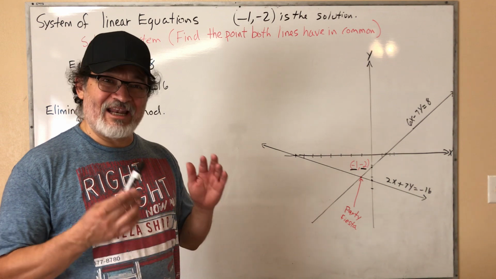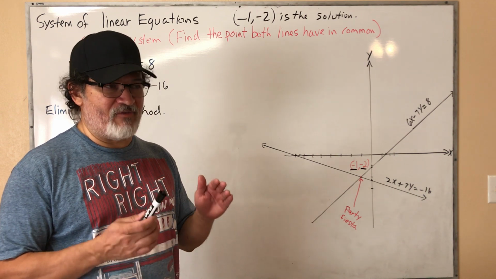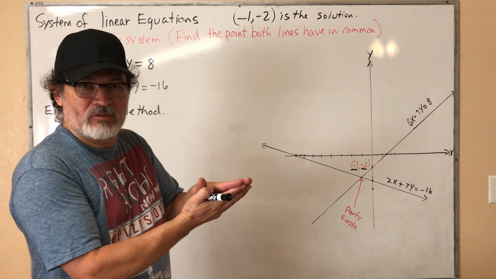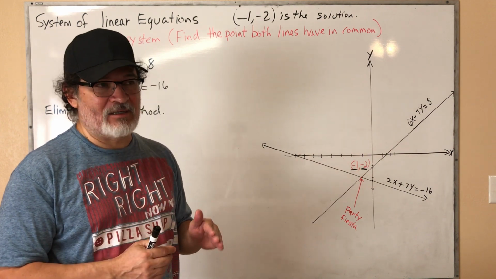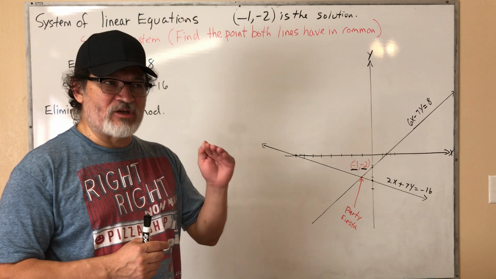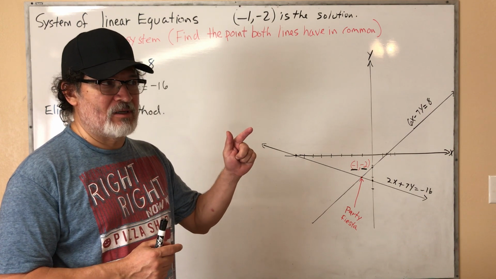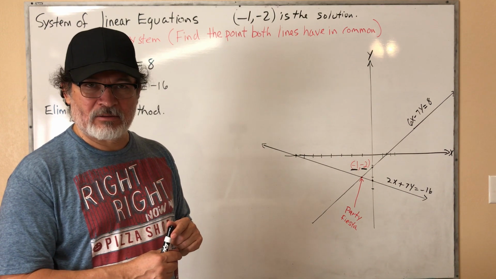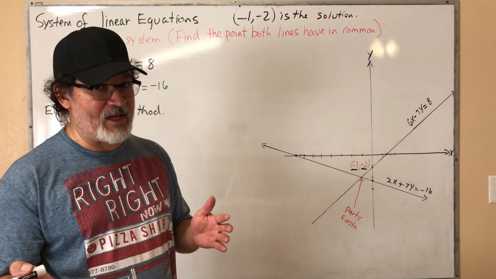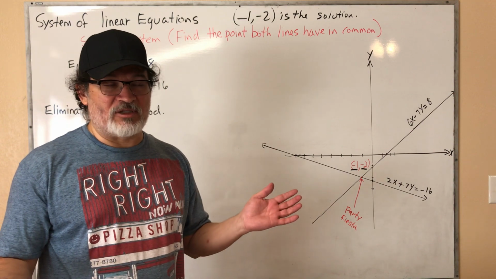You're going to eliminate a variable by adding both equations. Now, if you're going to eliminate x, you need to make sure that the x terms in both equations are opposites. You can also decide to eliminate y.